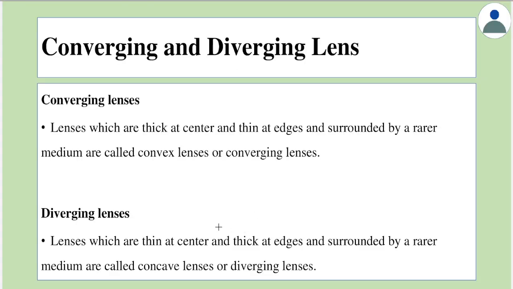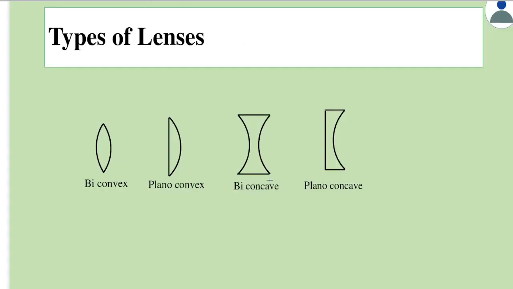As given here, the lenses are of many kinds, but the most common type of lens is called a biconvex lens. Here, bi means two, so it has two convex surfaces.